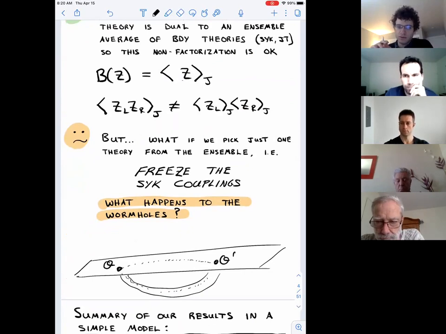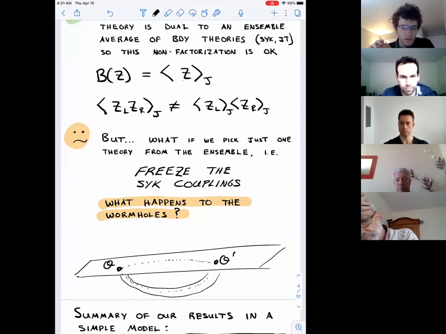But can this happen? Yeah, it can happen. Space-time wormholes can connect any point to any other point. But at the boundary, you have both source and response, right? Both sources and operators. So it's not clear that. Sorry, what's not clear?